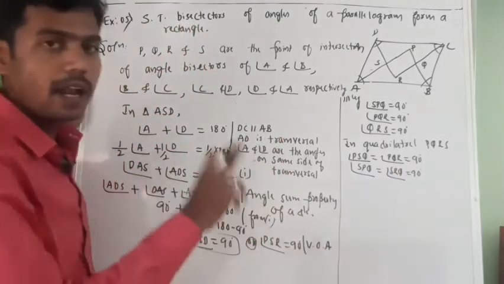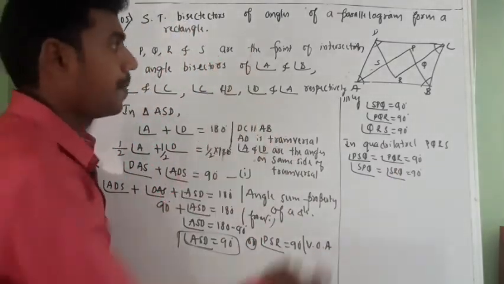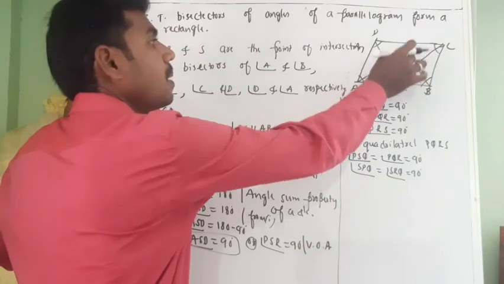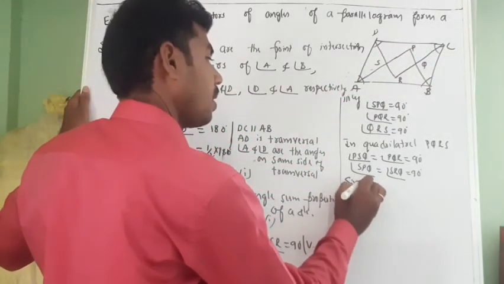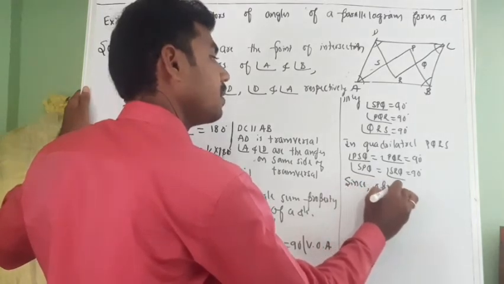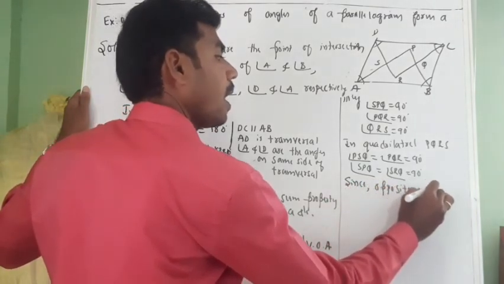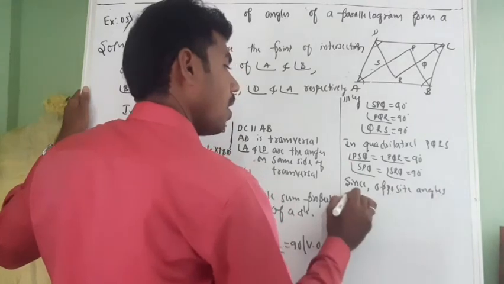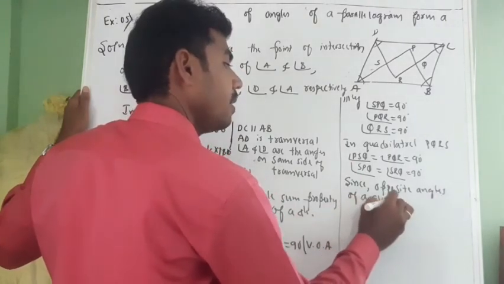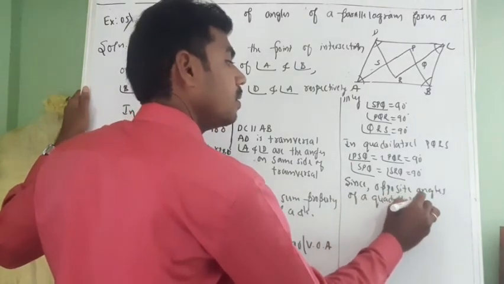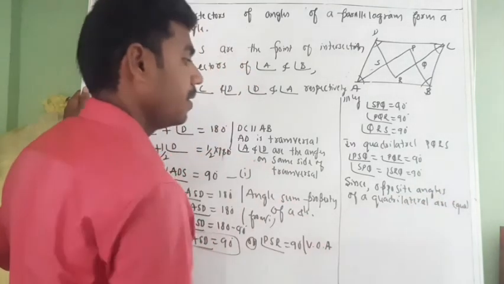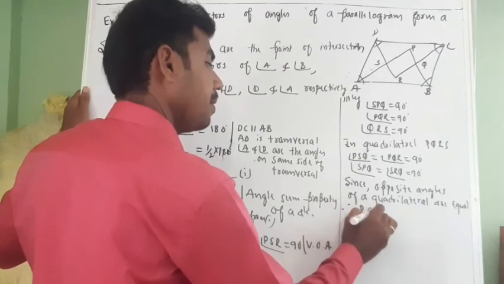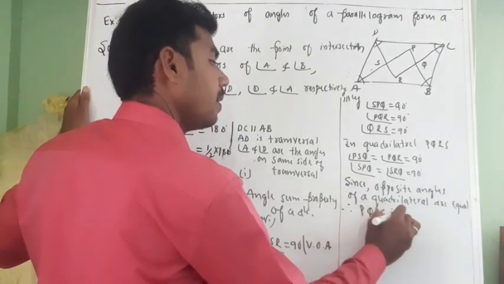So what are they? They are opposite angles. For this angle this is opposite, for this angle this is opposite. Since opposite angles of the quadrilateral are equal, what can I say? Therefore PQRS is a parallelogram.